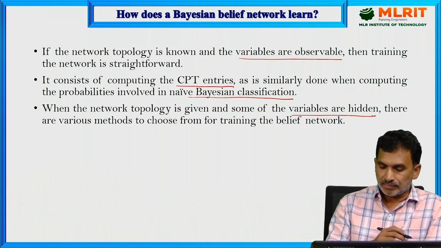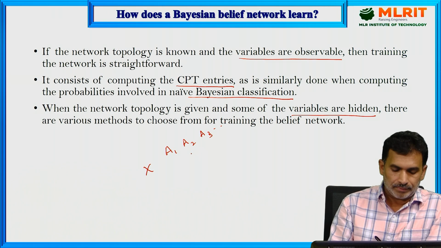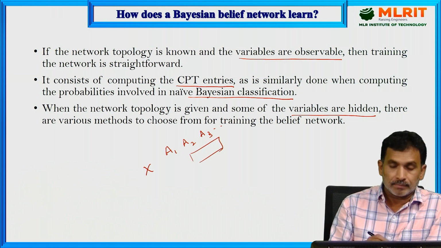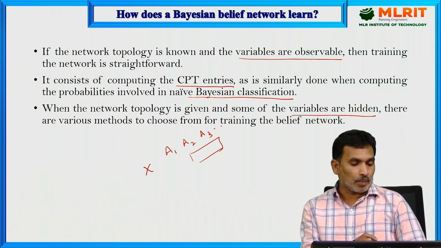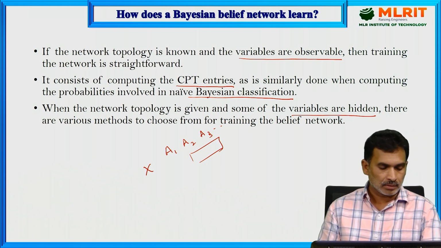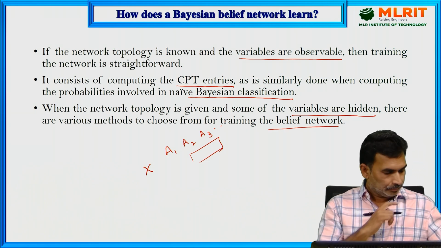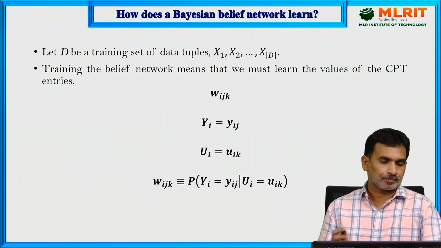That means, if you take a data tuple described by a set of variables like A1, A2 and so on up to An, a few variables are hidden and the network topology is given. In that case, there are various methods to choose from for training the belief networks. Let us see in detail.